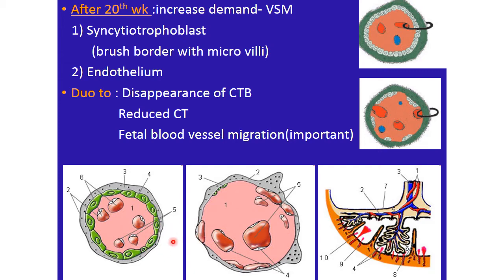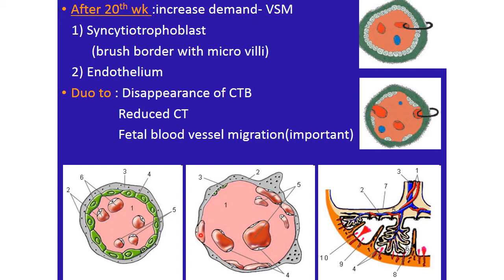So before the 20th week, the placental barrier consists of endothelium of the fetal blood vessel, mesoderm, cytotrophoblast, and syncytiotrophoblast. But after the 20th week, due to the increased demand, the fetal blood vessels migrate towards the wall, causing displacement of the cytotrophoblast sideways, and getting adjacent to the syncytiotrophoblast.